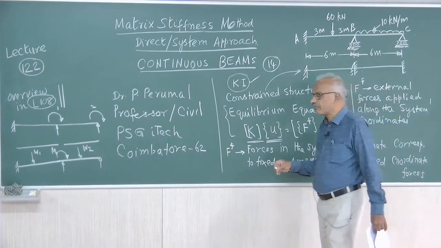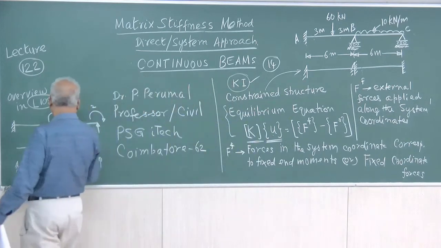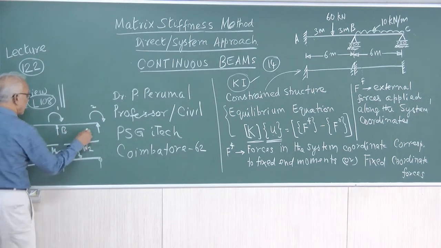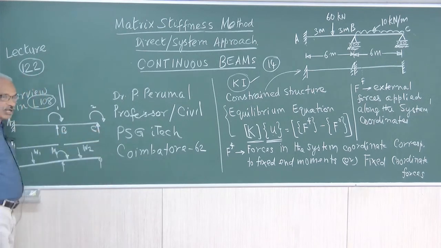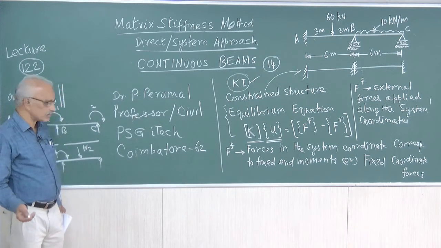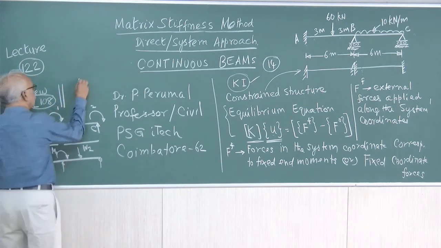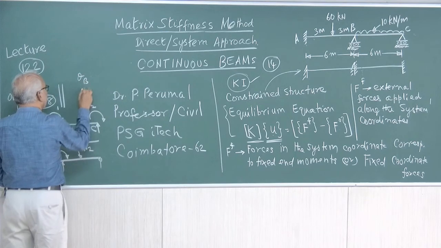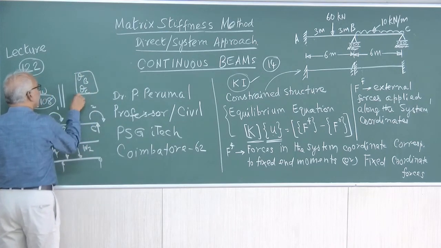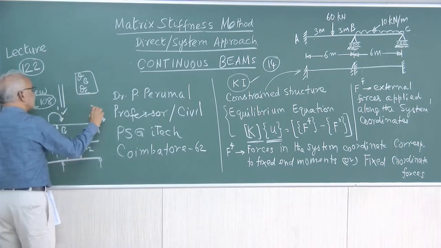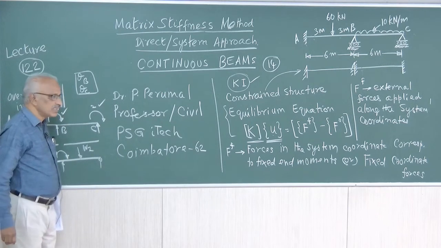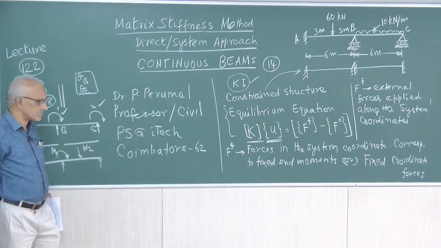That is, if this is the structure, this is A, this is B and this is C. Now in this structure, theta B is possible and theta C is possible. Theta B is one unknown, theta C is another unknown. So corresponding to theta B and theta C, we have marked system coordinates. System coordinate 1 corresponds to theta B, system coordinate 2 corresponds to theta C.